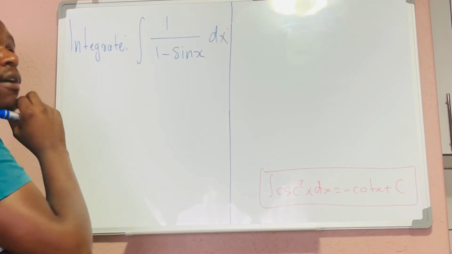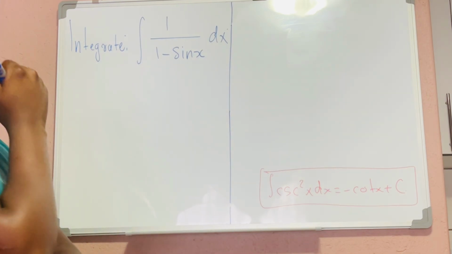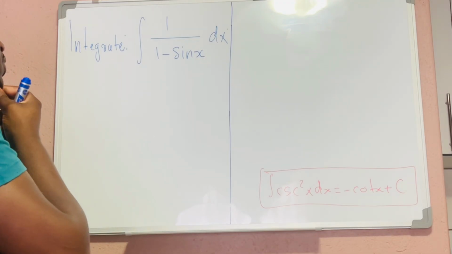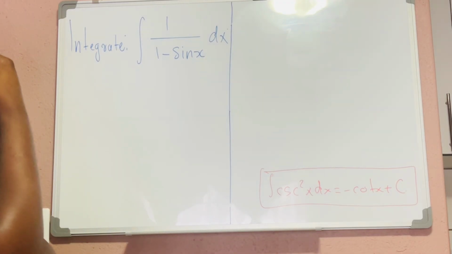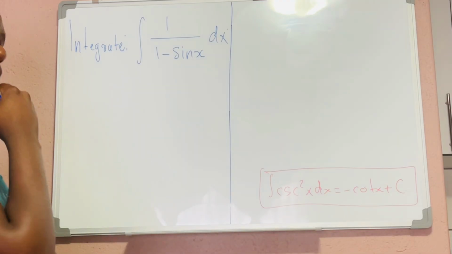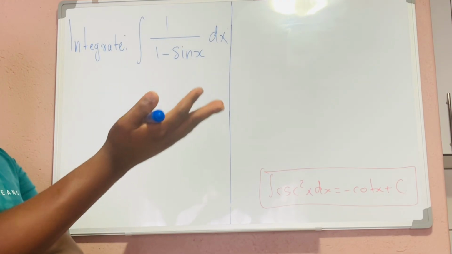So we have different techniques of how to handle integration problems, right? In this scenario, if we look into some of these techniques, they're not going to be applicable here, like u substitution.